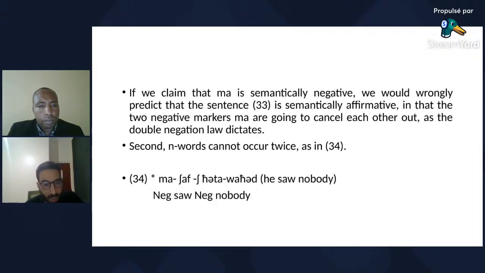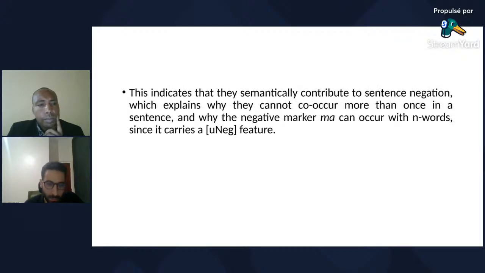Okay, only one of them, like ما شافش or ما شاف حتى واحد. This indicates that they semantically contribute to sentence negation, which explains why they can't occur more than once in a sentence, and why the negative marker ma can occur with an n word, okay, since it carries an interpretable negative feature.